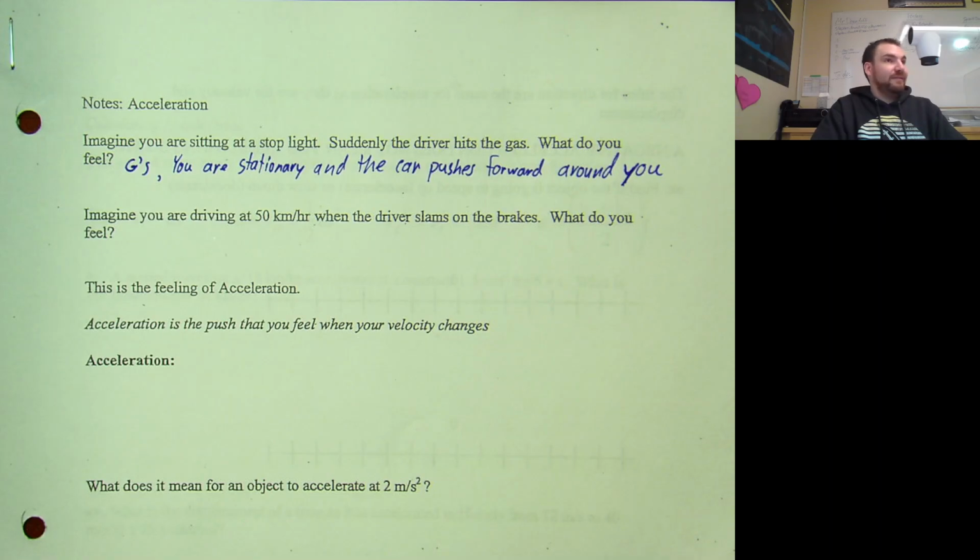When you're going forward at a high speed, and all of a sudden you try and take a turn, but it's too fast, your momentum that's propelling you forward overrides the grip you have with the ground and keeps you going forward.